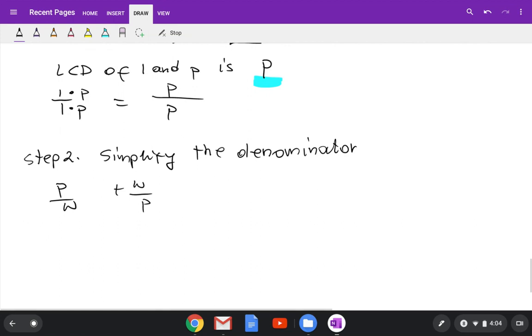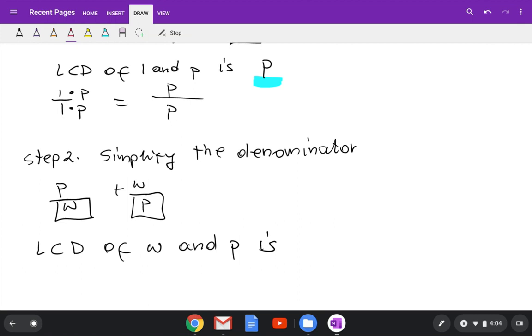So you need to find a common denominator of w and p. So LCD, least common denominator of the denominators which we have, which are w and p, is w times p. Since we can't factor them, to get that LCD, you just multiply those denominators together. So LCD will be w times p.